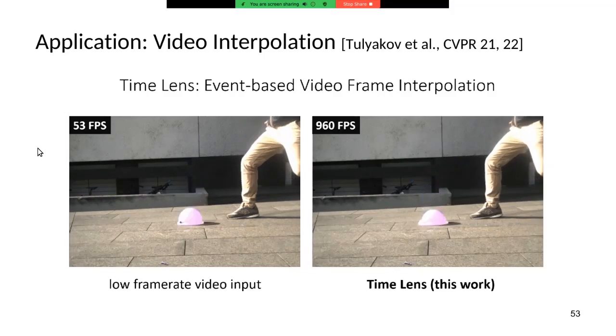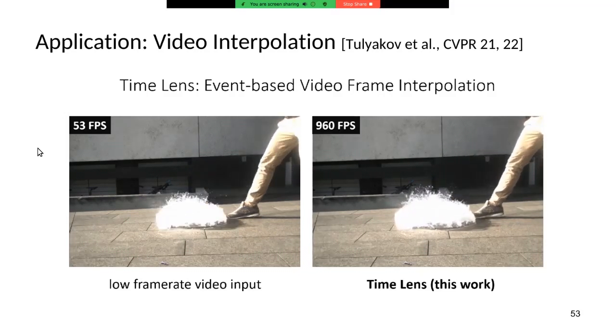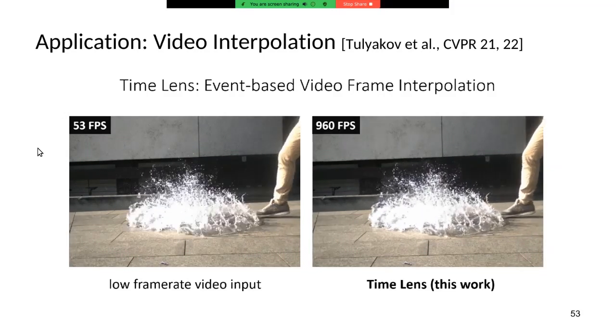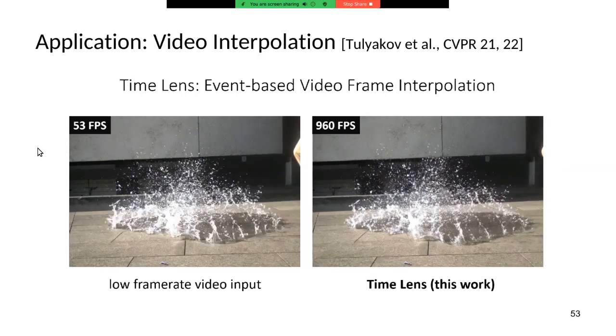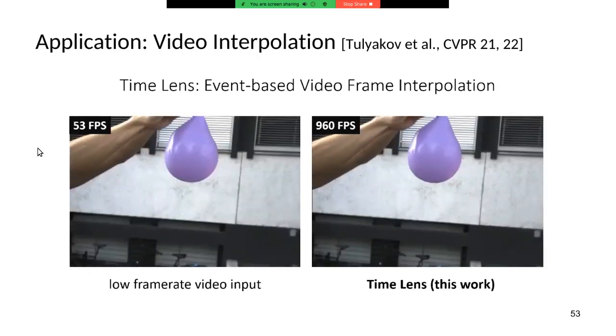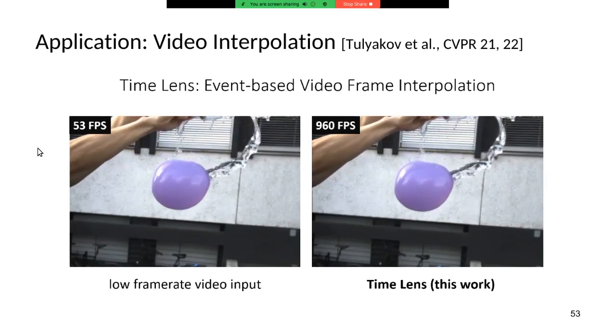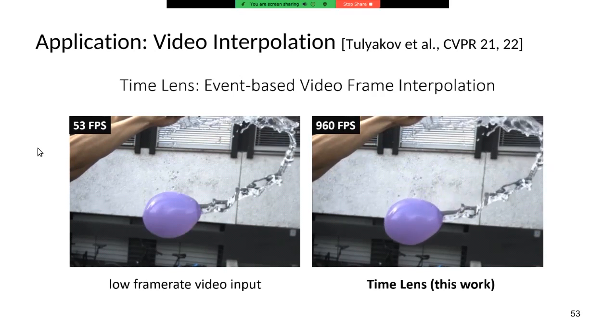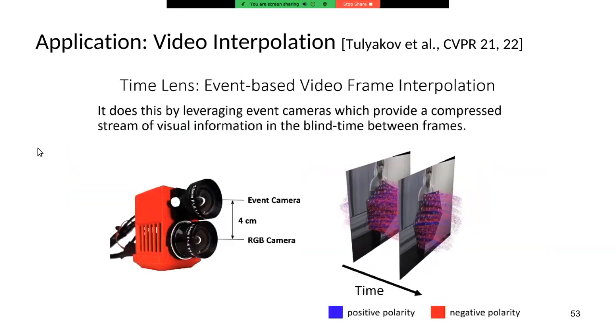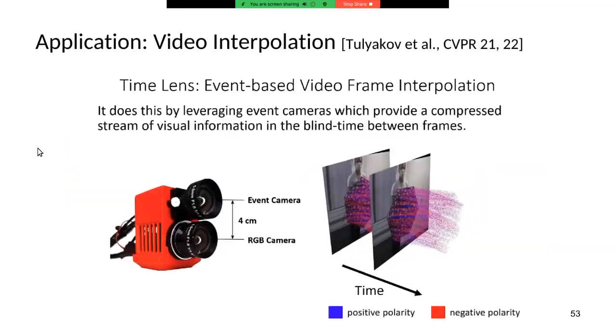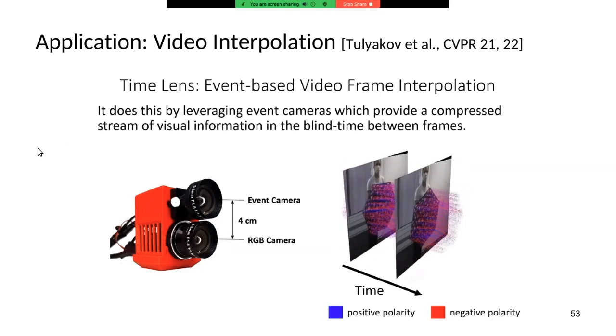And you can see this is quite an extreme case where you have complex motion that you have to predict at almost 20 times higher frame rate, which is a very, very difficult problem. And also, if you have these transparent fluids, this is very challenging for video frame interpolation.